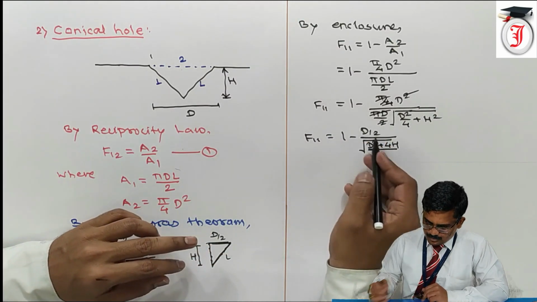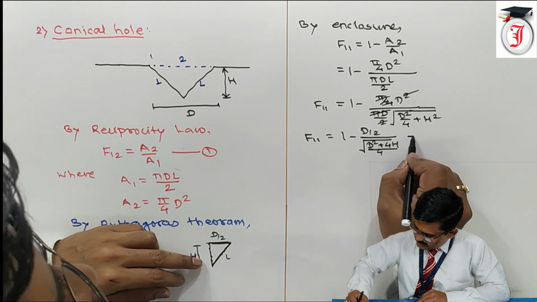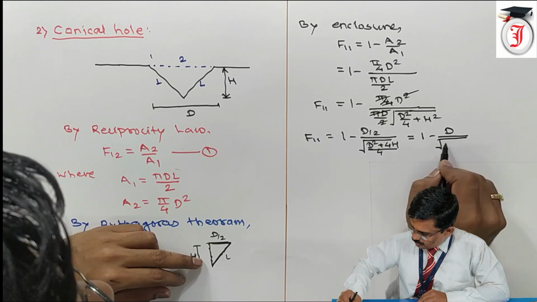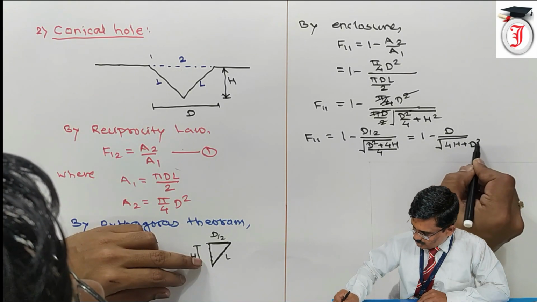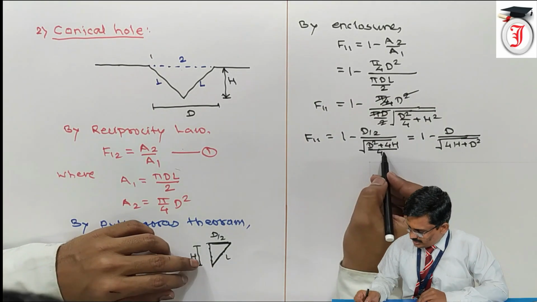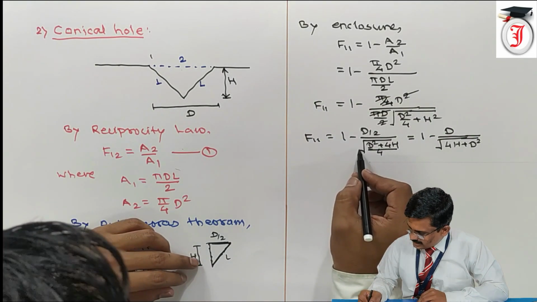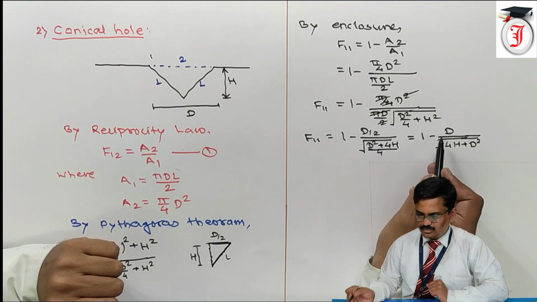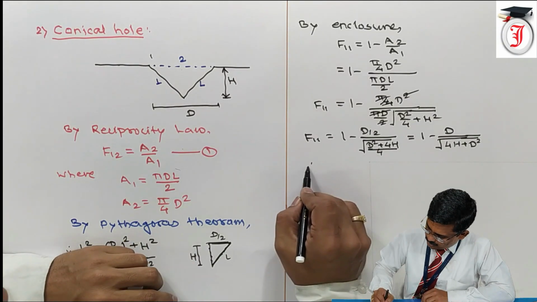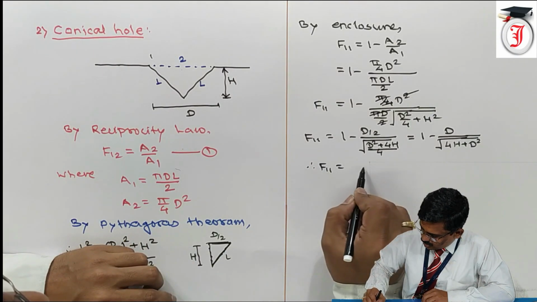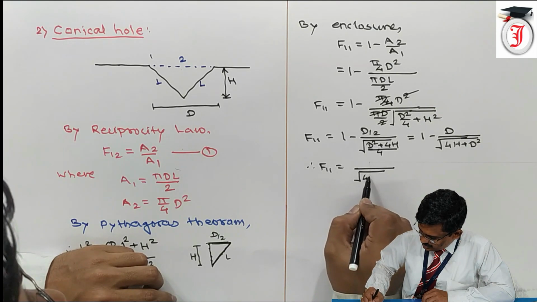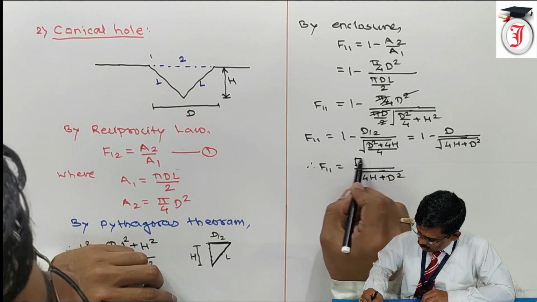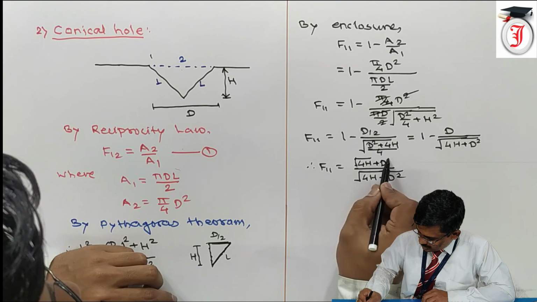By simplifying, we get 1 minus d upon under root of 4h plus d square, which gives F11 equal to under root of 4h plus d square minus d, upon under root of 4h plus d square.